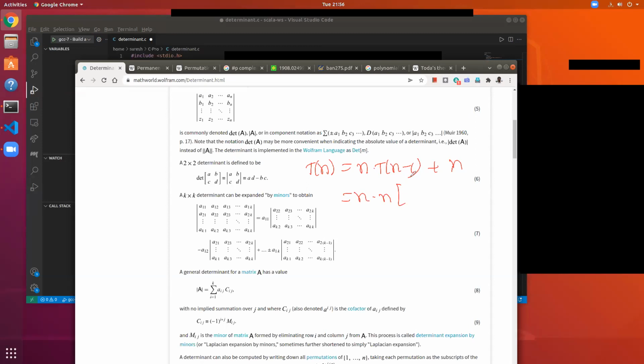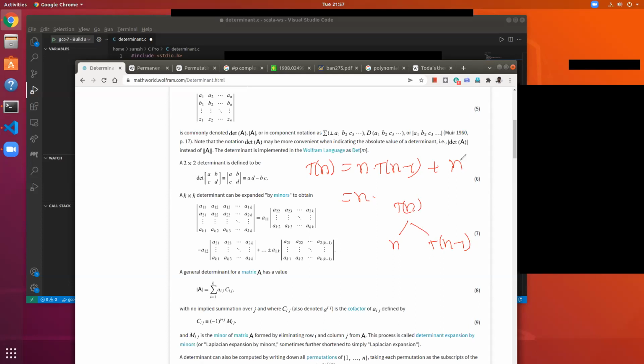If you expand this, you just have to expand this, guys. So what happens is, this T(n minus 1), maybe if you write it like this, you can neglect the n term, maybe that's a simpler thing.